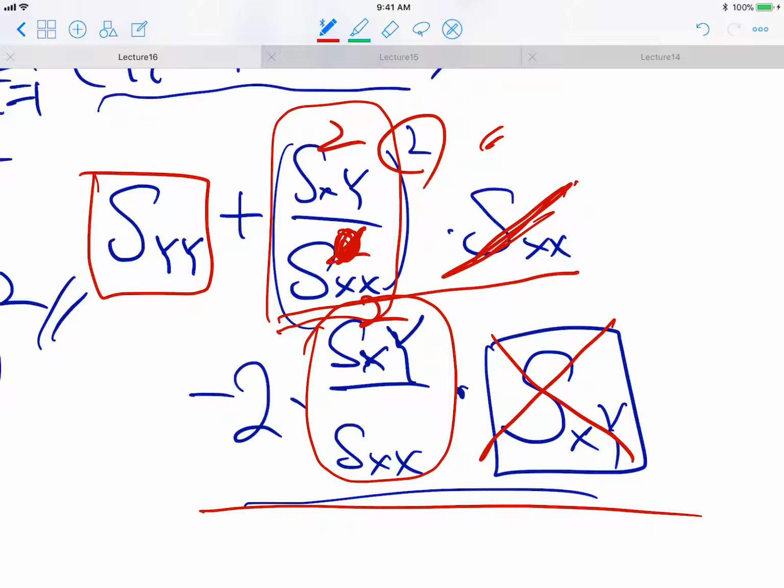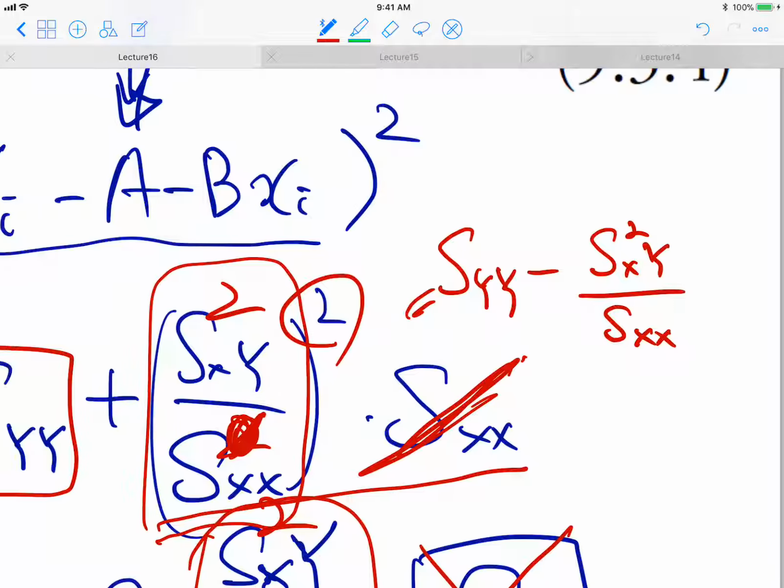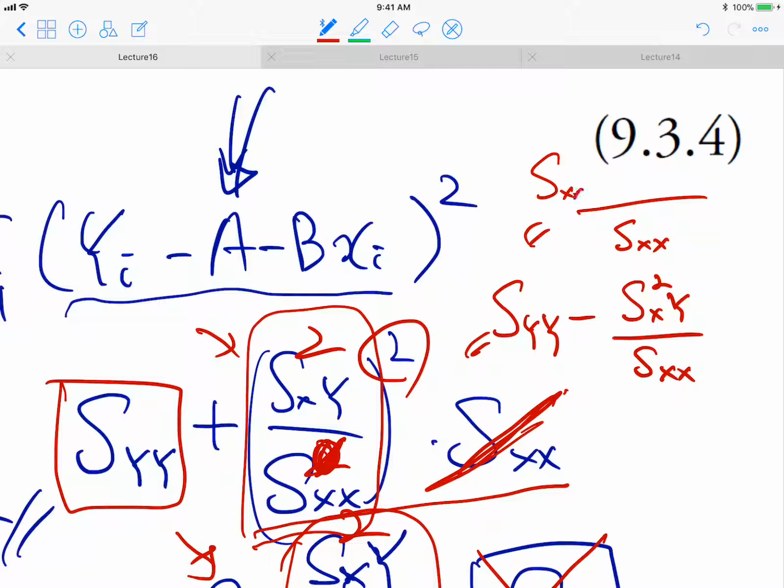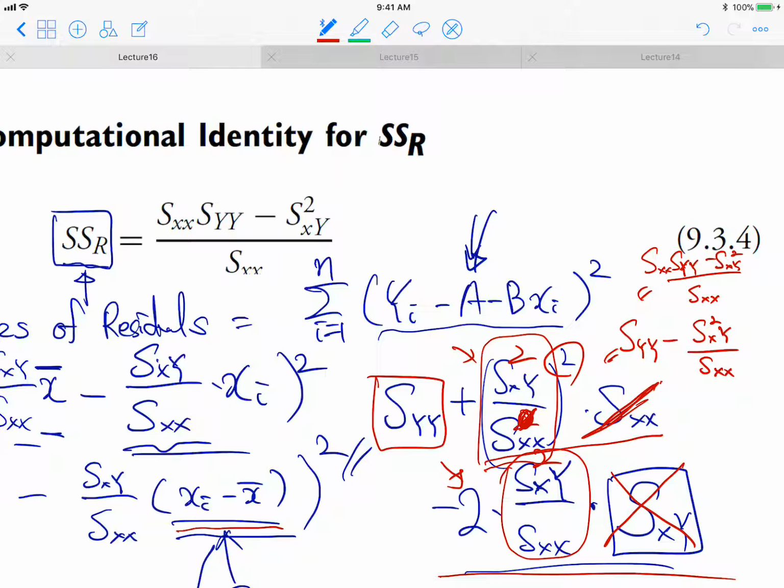So at the end we will obtain Sxy squared divided by Sxx, because these two terms are the same. And then finally we just rewrite it in this manner: Sxx times Syy minus Sxy squared, over Sxx. So that way we can derive this equation.